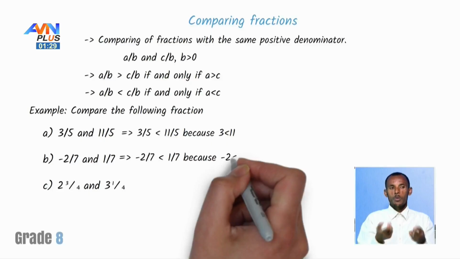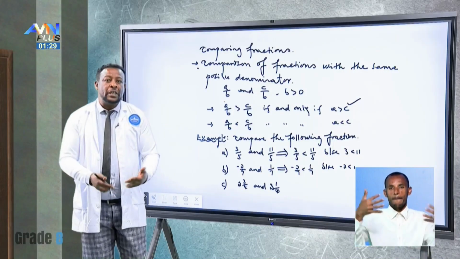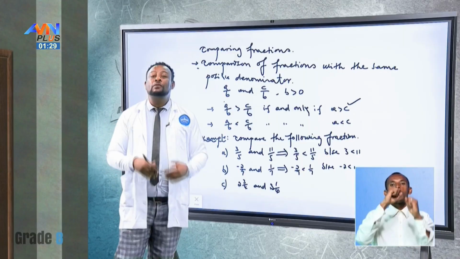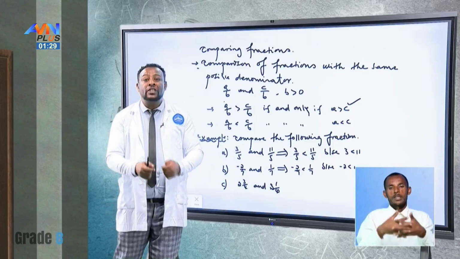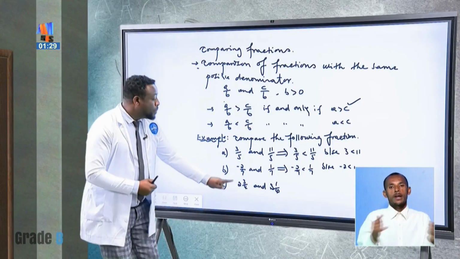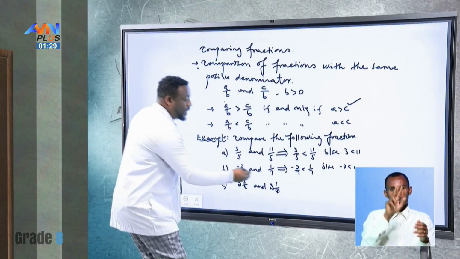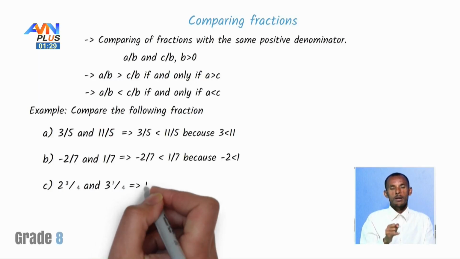When we come to the third example, these two are mixed fractions. The first thing that you need to do in comparison of mixed fractions is change these mixed fractions into improper fractions. The improper fraction form of 2 and 3 over 4 is 11 over 4.